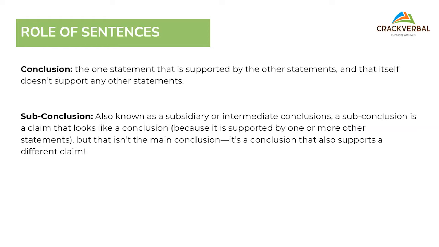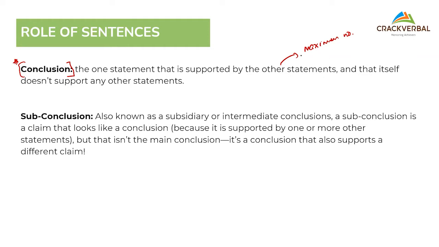So when I say conclusion, it is the one statement that is supported by others. This is like the star. You have to find the star. The one that is supported by others. Now, when I say others, I can say the maximum number. And that itself doesn't support any other statement. So basically, it is the standout feature for every other sentence.